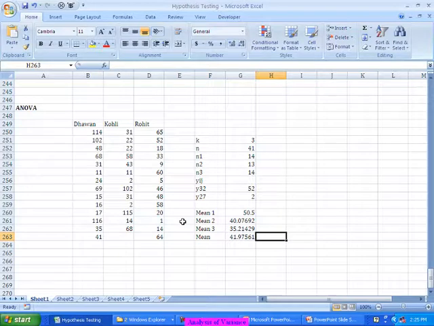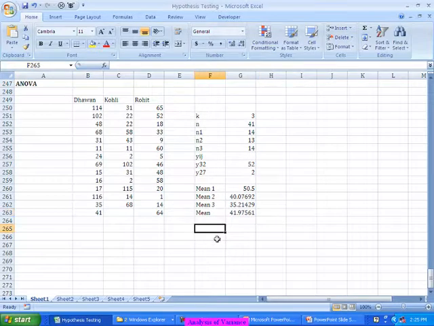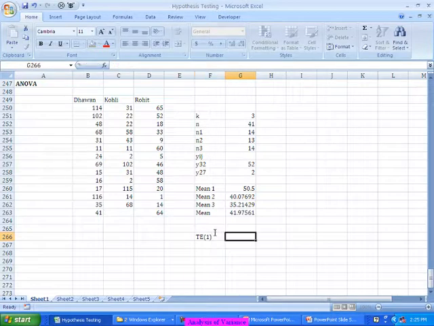Apart from that, we also compute what is called the treatment effect. So we can say the treatment effect of the first one. Whenever we use the word treatment effect, it is nothing but the individual treatment mean minus the overall data mean.